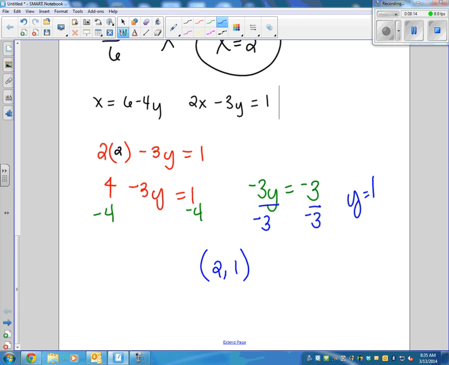Because remember, it's a system of equations, so we're still trying to find that point where both lines meet. How can I check? I'm going to plug it into this other equation and see if I still get the same answer. So if I say 2 equals 6 minus 4 times 1, is that true? Yes, it is. So that is my solution.